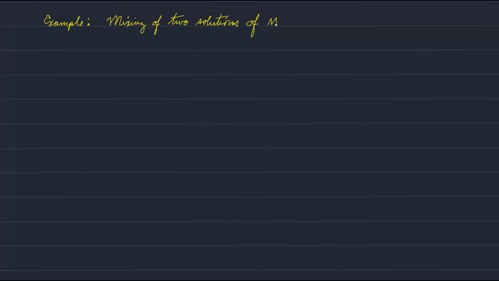The first one, let's say, has a mass m sub A, and the second one has a mass denoted by m sub B. And then let's say that A and B are concentrations of a compound in each solution.